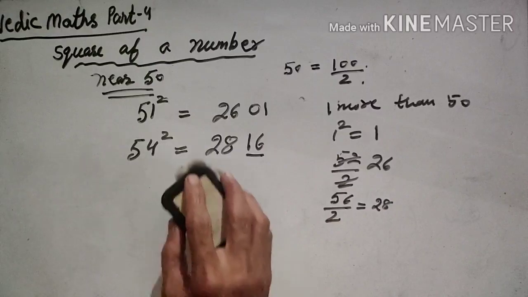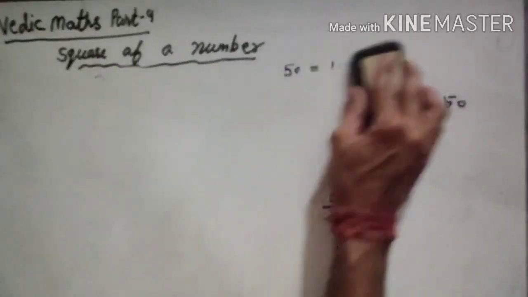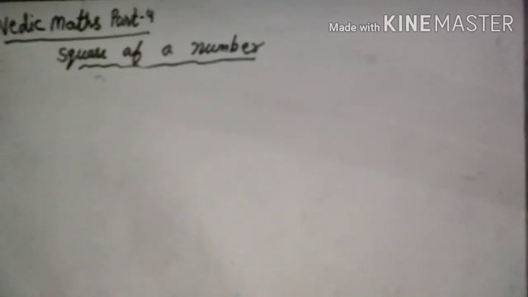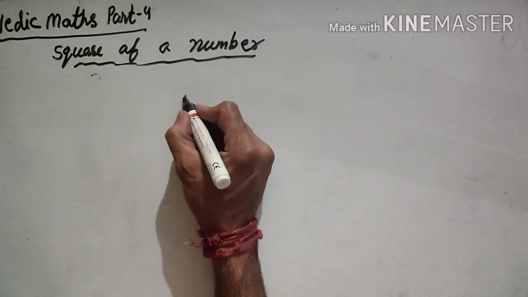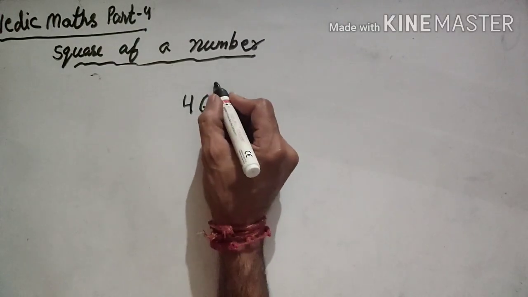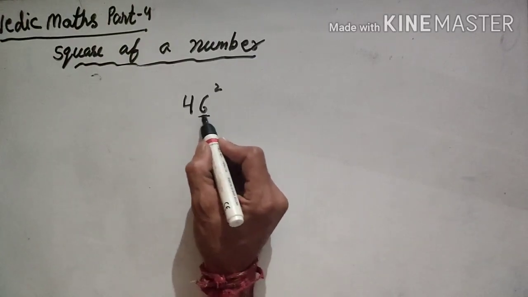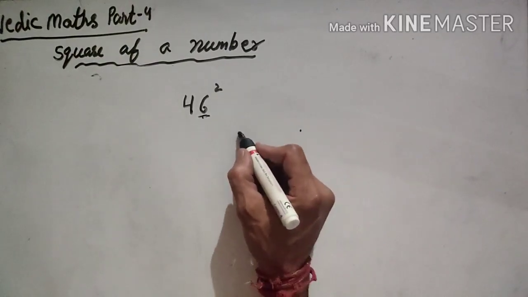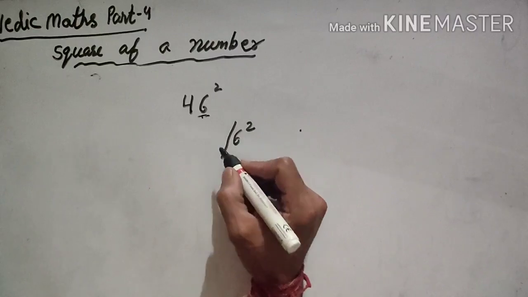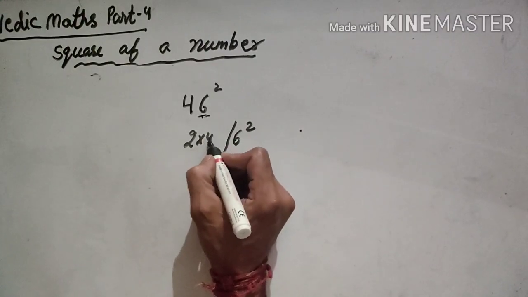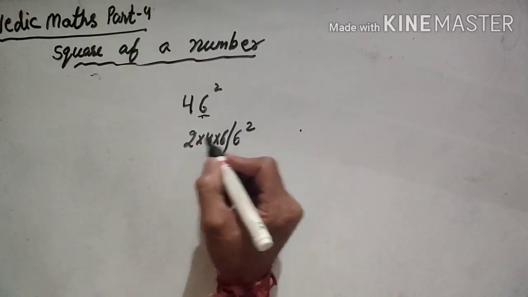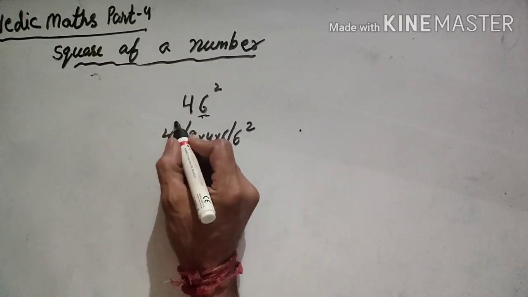Now square of any 2-digit number. Suppose we have to square 46. First we have to square 6. That's the first step, 6 square. Second step is 2 into 4 into 6. Third step is 4 square.